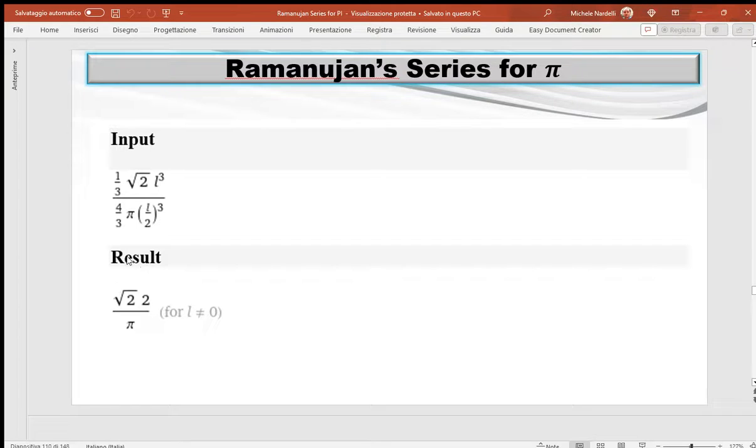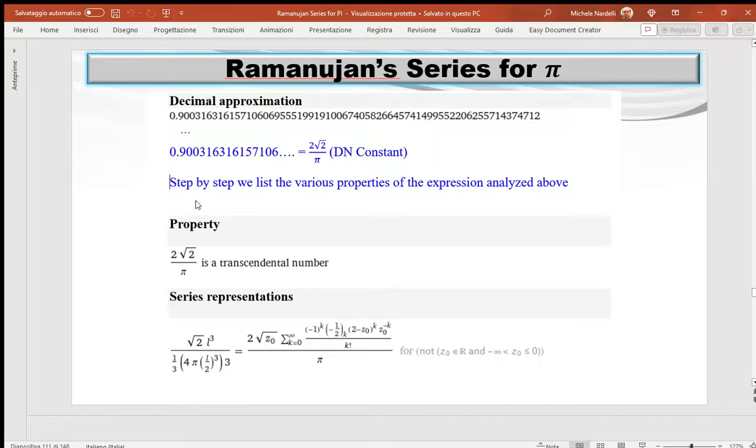Practically, the Gaudin-Ardelli constant, dn constant, equal to 2 root of 2 over pi.